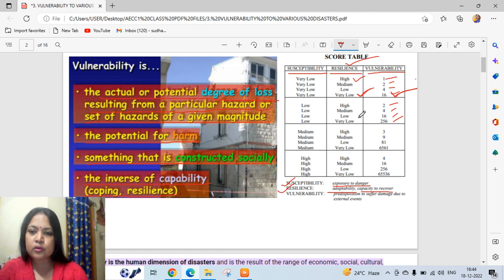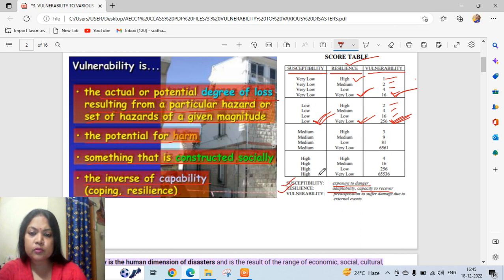Here resilience is very low, but your susceptibility is low, that's why your vulnerability is very high. Susceptibility means exposure to danger. If you are exposed to danger and your resilience is also very low, then the chance of vulnerability will be manifold, meaning maximum.